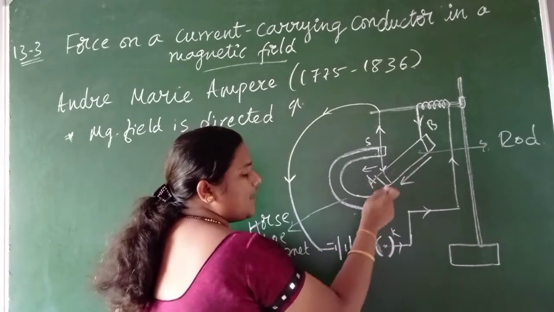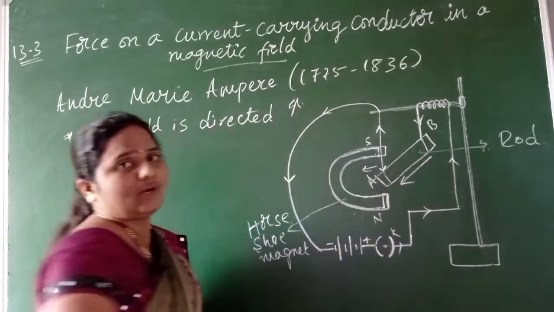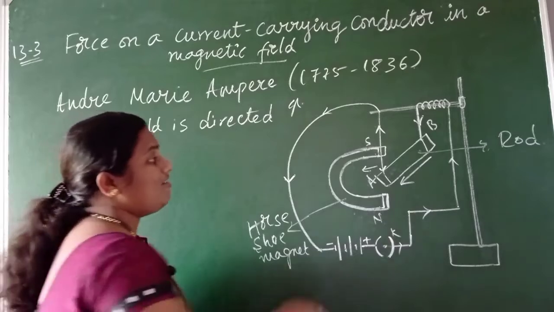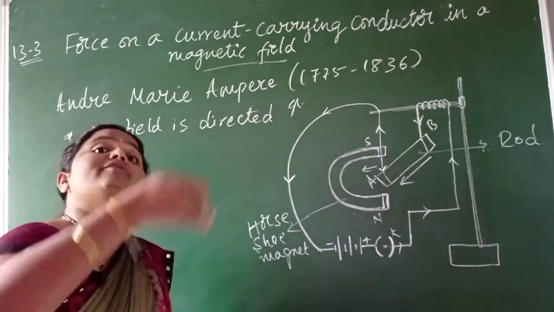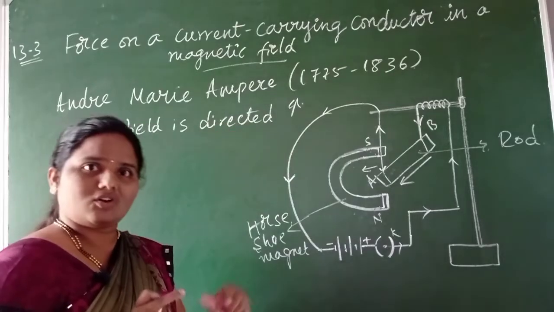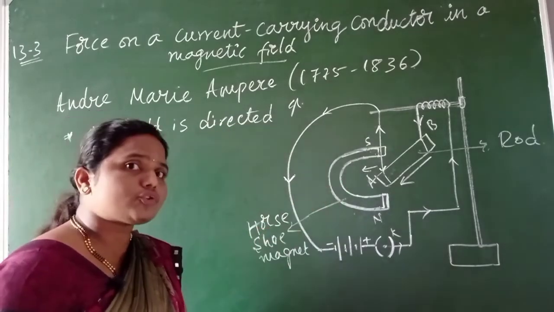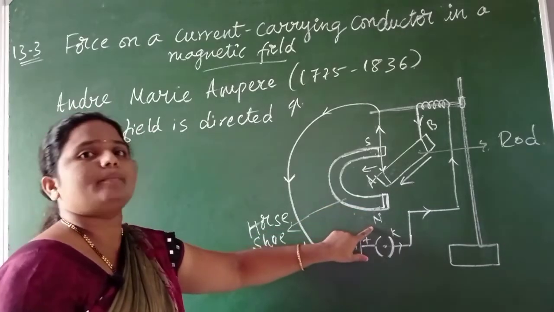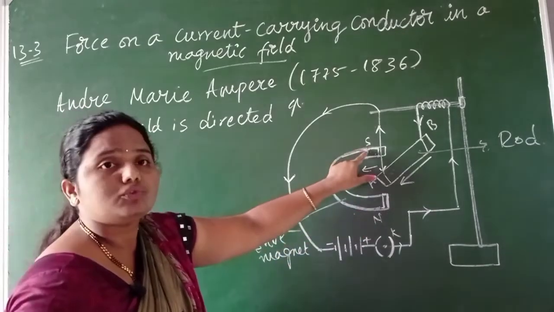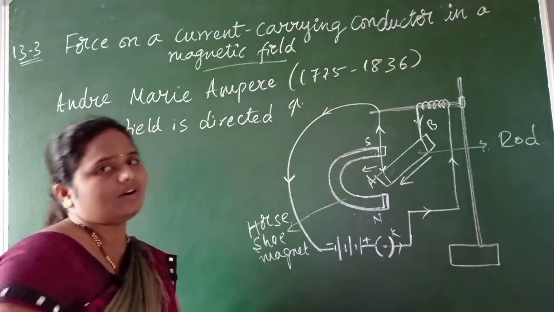To this rod, the north pole should be below, whereas the south pole of the magnet should be vertically above. Got it? Initially, the north pole should lie below the rod, whereas the south pole should lie above the rod.